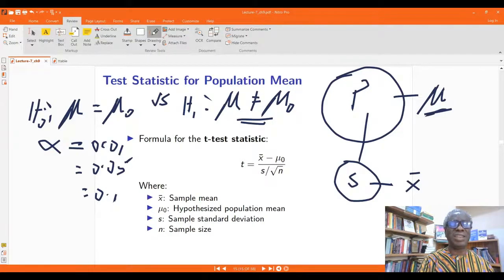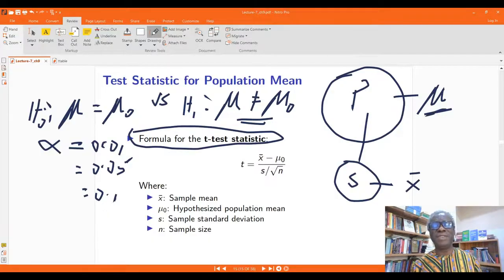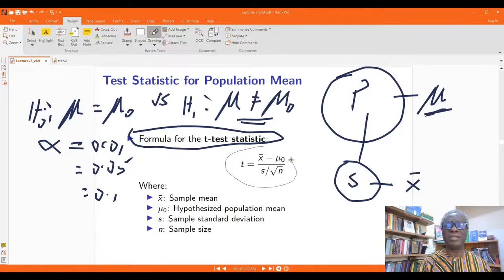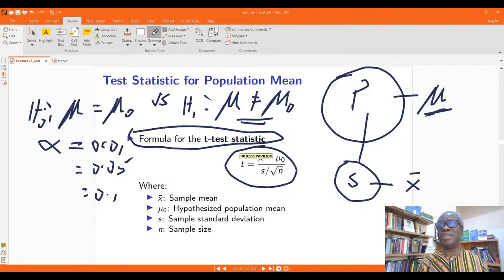Then the third step is where we are now, where you now need to give the test statistic. So the test statistic appropriate for small sample is the t-test, and this is the formula. You can quickly compare this formula now with the Z statistic.